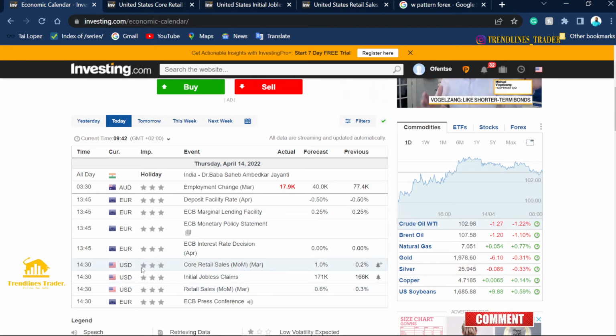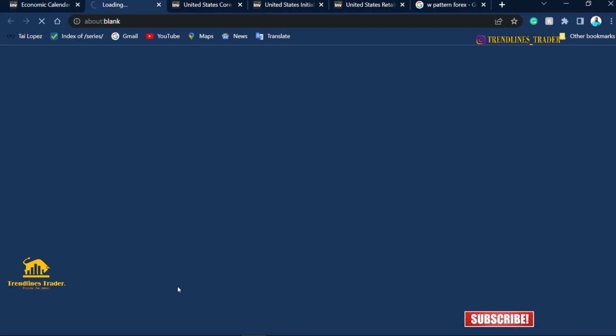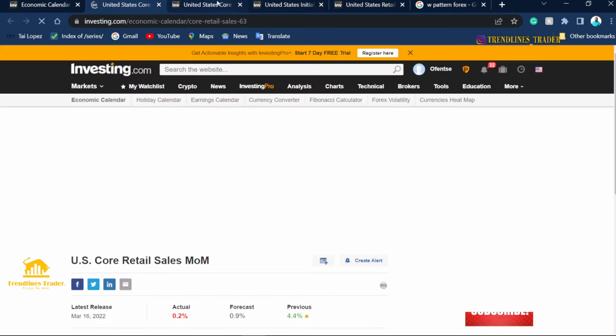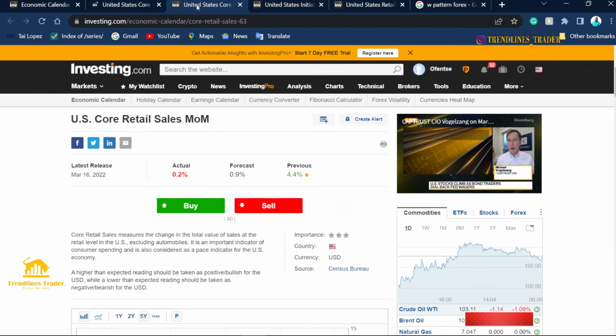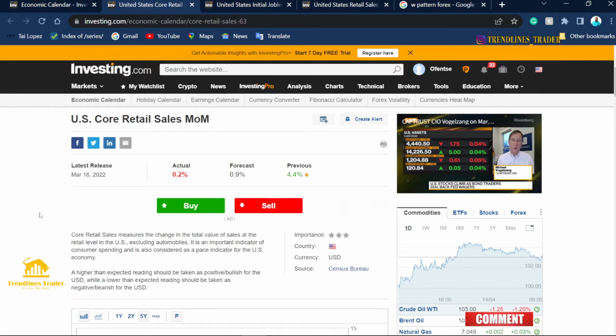We have 3 major news. Let's go to this one, which is your US core retail sales. What is core retail sales? Core retail sales measures the change in the total value of sales at the retail level in the US, excluding automobiles.